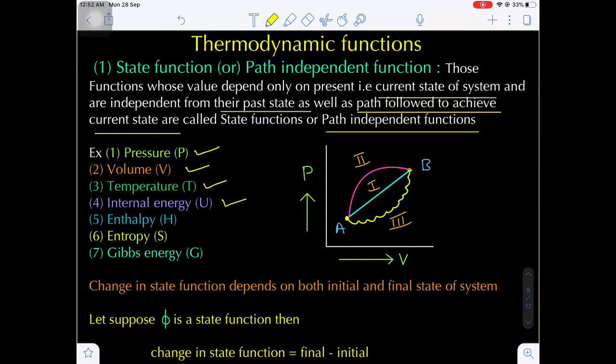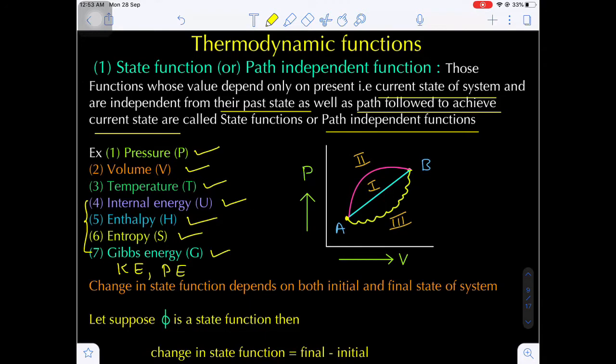Internal energy, U, enthalpy, H, entropy, S, and Gibbs energy, G. These are the four important thermodynamic state functions apart from pressure, volume, and temperature. After that, kinetic energy and potential energy are also referred to as state functions.